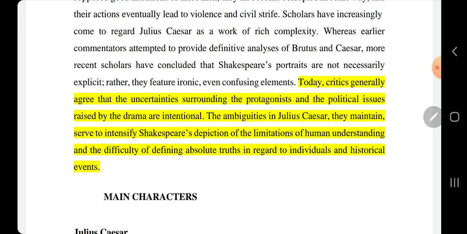Or let's say that the ambiguities in Julius Caesar, they maintain, serve to intensify Shakespeare's depiction of the limitation of human understanding and the difficulty of defining absolute truth in regard to individual and historical events. So there is a lot of discussion about the play.